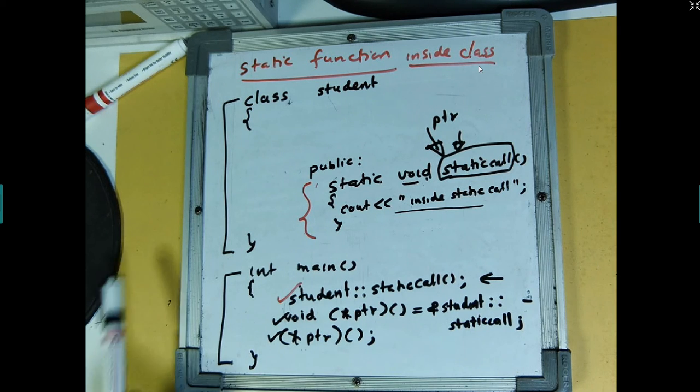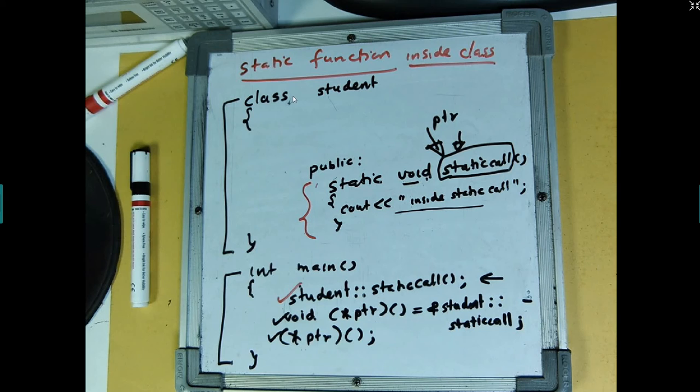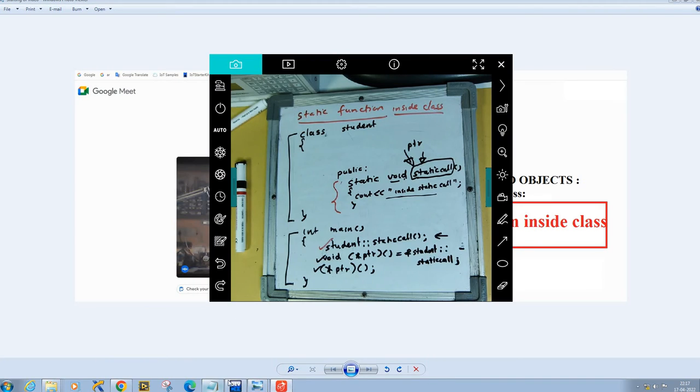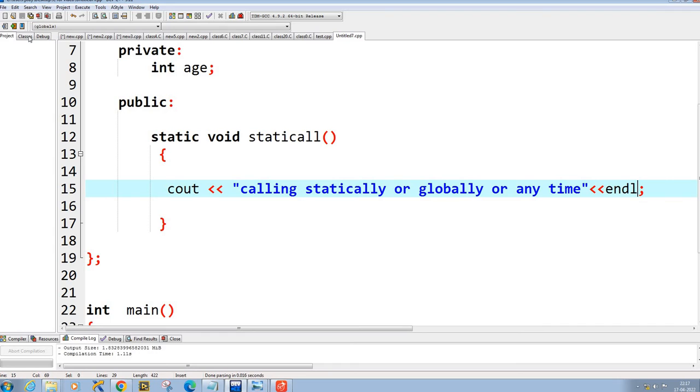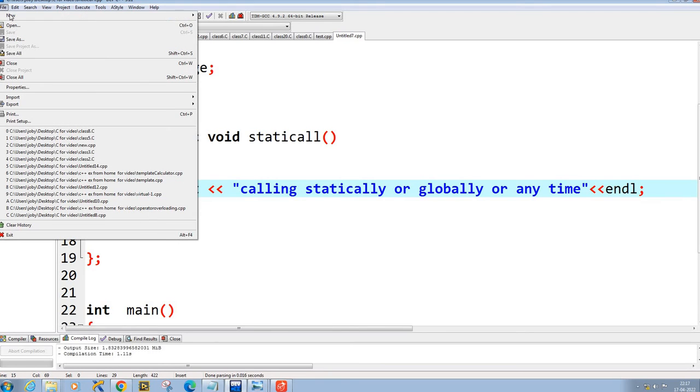Practically, now let's see how this can be tested. Now coming back, again you open a C++ compiler. This is a Borland C++ compiler, and I am opening the free compiler Dev-C++.